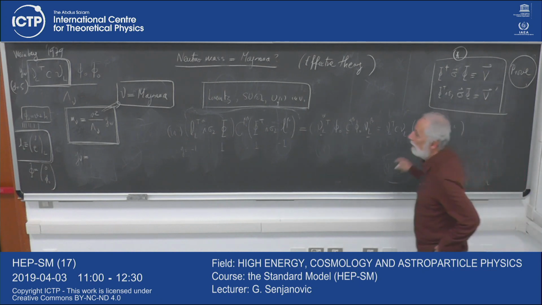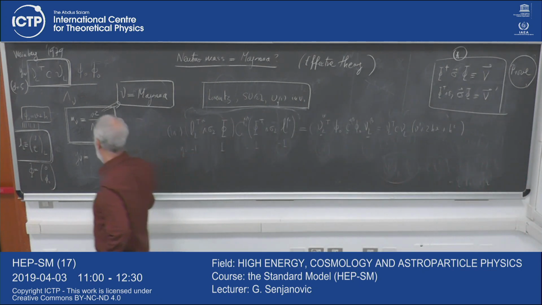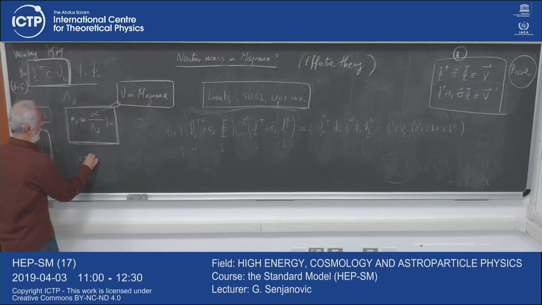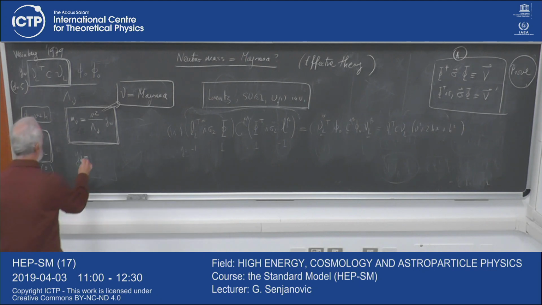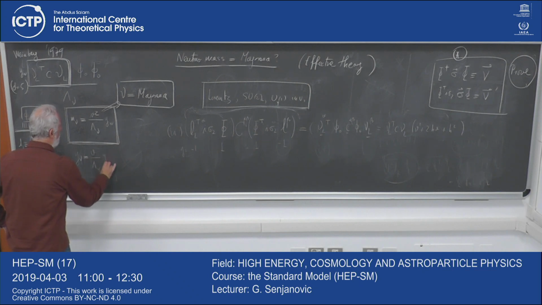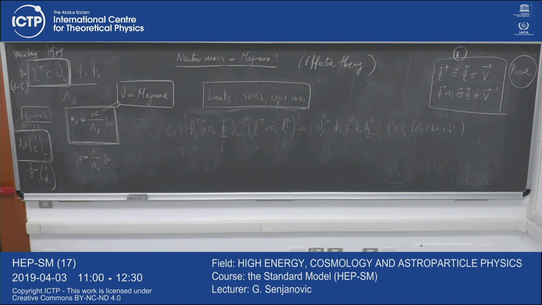There is a factor of 2. Let me not write a factor of 2. I'm interested in the scale. It's v over lambda nu times Yukawa W. You agree? This is my effective interaction of the Higgs. Agree?